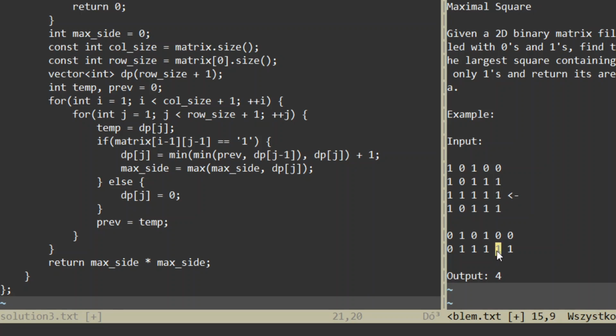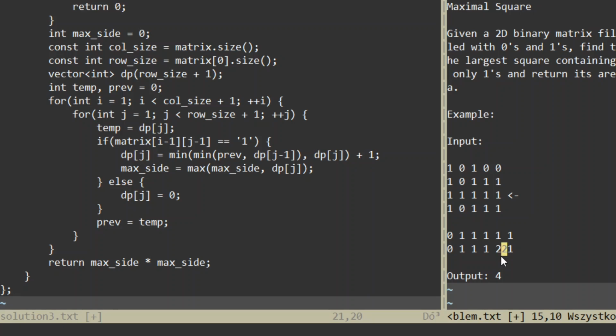Okay. Here, now here. So this will be 0, 1, 1 and 0 the same. And we are here, because the previous was here 1. Here also was 1. So, and we have here also 1. So here was 1, 1 and 1, the minimum is 1, plus 1 is 2.